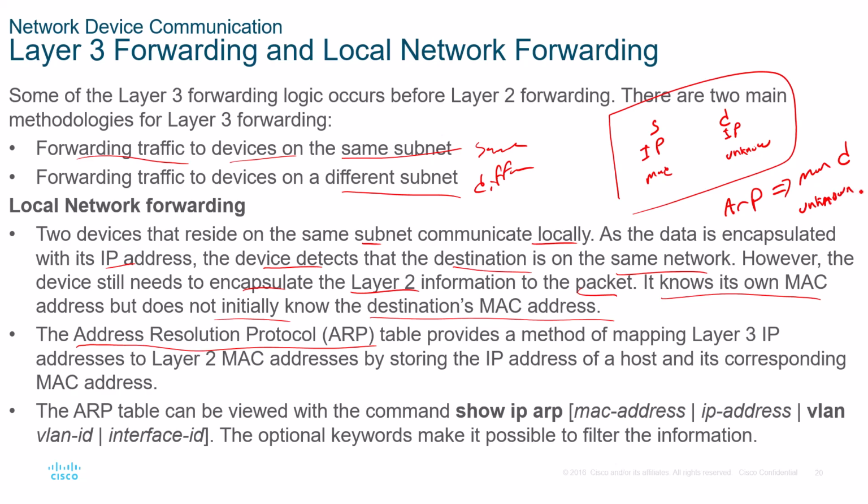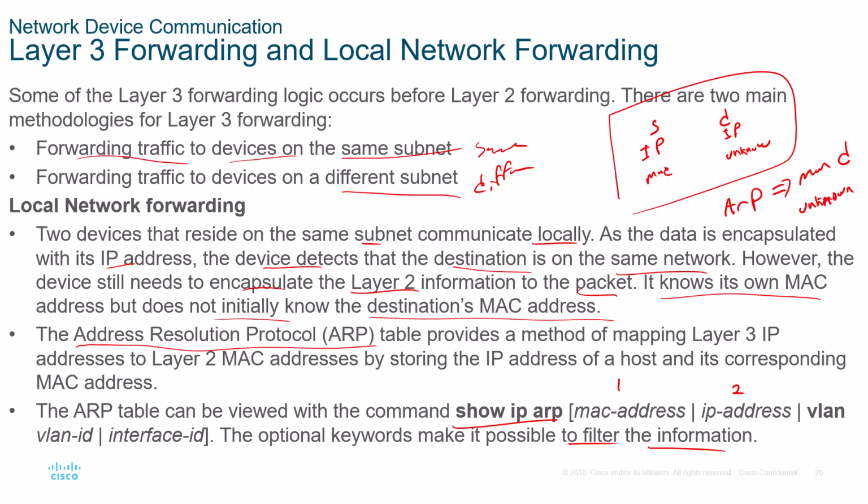That's the purpose of ARP. The ARP table can be viewed by doing a show IP ARP, and you can list the MAC. It will be broken down into the first column, second column for both the MAC addresses and IP addresses. You can also do additional filters to filter for more information. But again, that's getting way more into the weeds than is necessary.